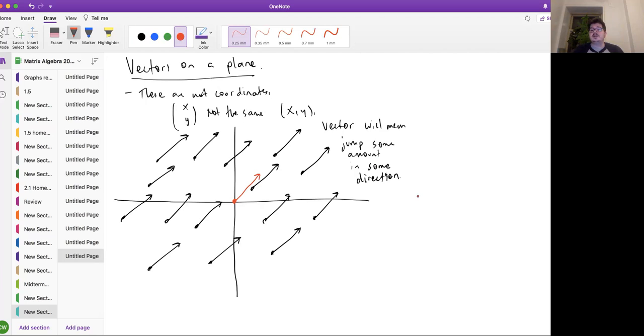So when we talk about vectors, we could just say the one who starts at the origin speaks for all vectors. So that's going to be our standard vector. Does that make sense? So if I talk about the red one, I'm also talking about all the other ones. So we're going to say starting at the origin and jumping a certain amount in a certain direction. That's how we're going to talk about vectors for the most part.